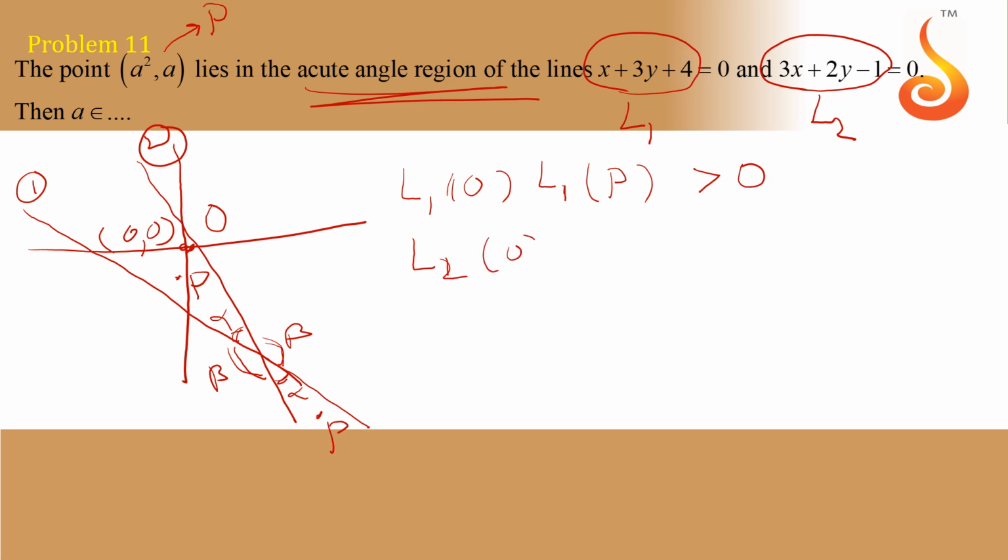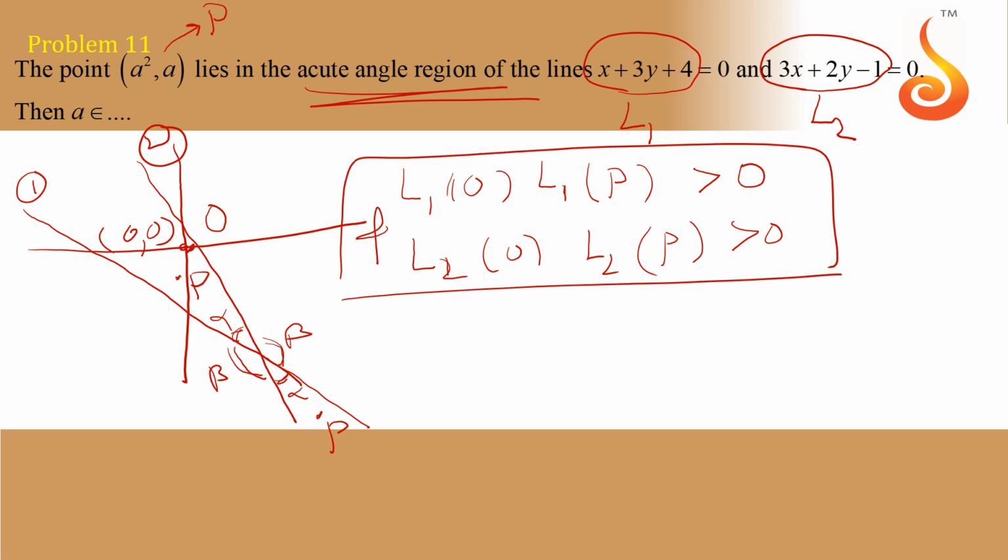Likewise L2 of origin and L2 of P. If the origin and P are on the same side of L1, they should be on the same side of L2 also. That's why I applied this condition.